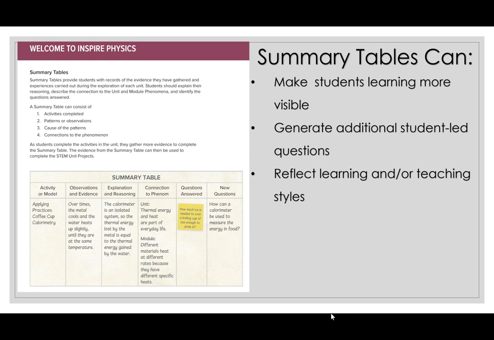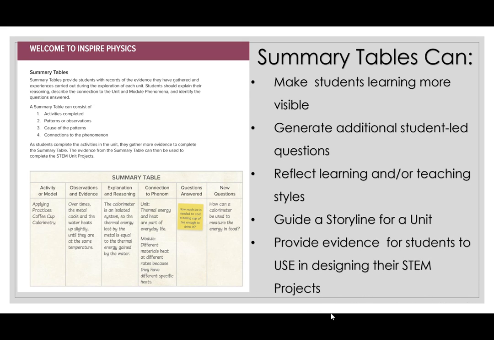They are flexible, so they can reflect your teaching style or your students' learning styles. They can guide a storyline for a unit or help develop a storyline for a unit. And they can provide evidence for students to use as they design and implement their STEM projects.